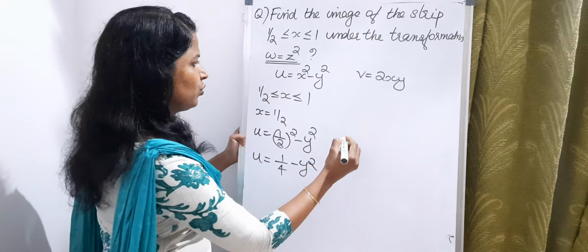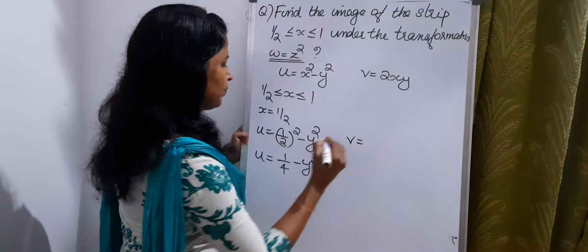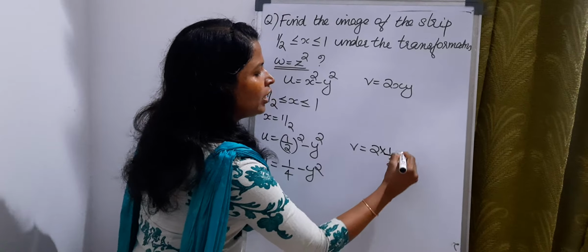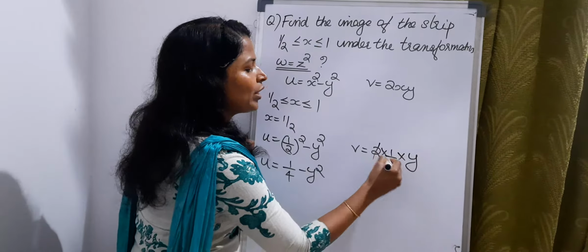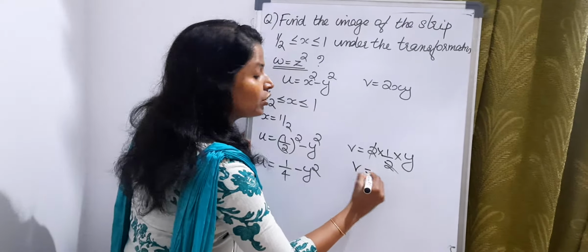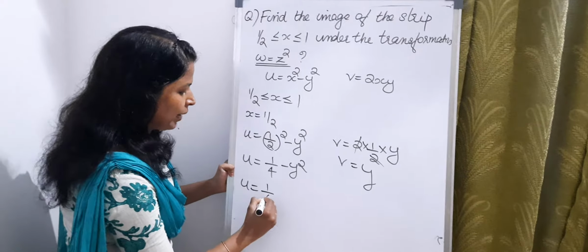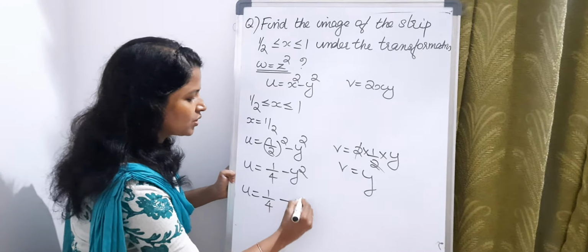Here v = 2 · (1/2) · y. The 2 and 2 get cancelled, so we get v = y. That is u = 1/4 − v².